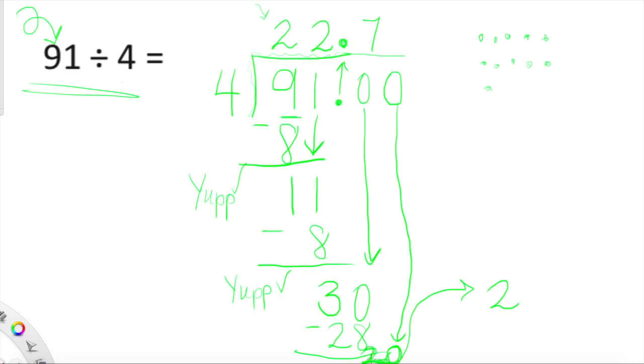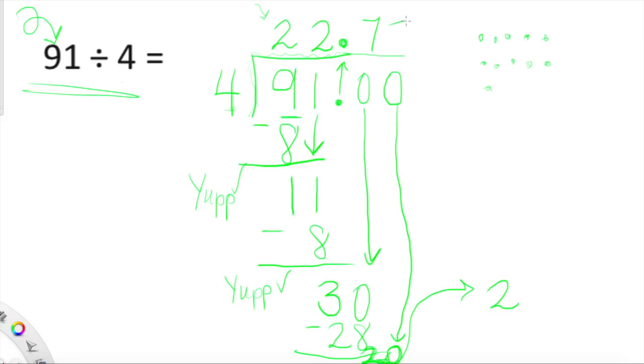Now we're looking at 20. We're actually looking at 20 hundredths. I wrote way too large, so please forgive me. Now we have 20 hundredths, and we want to divide 20 hundredths evenly across 4 groups. What are we going to have in each group?